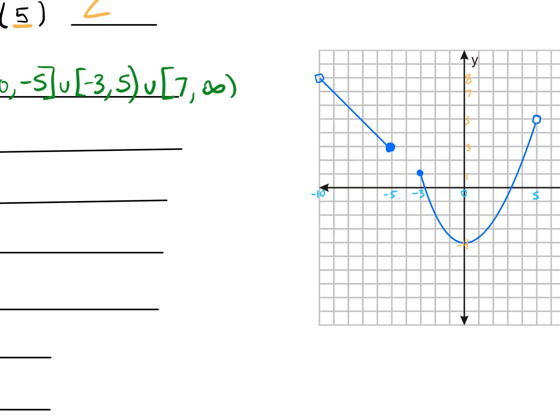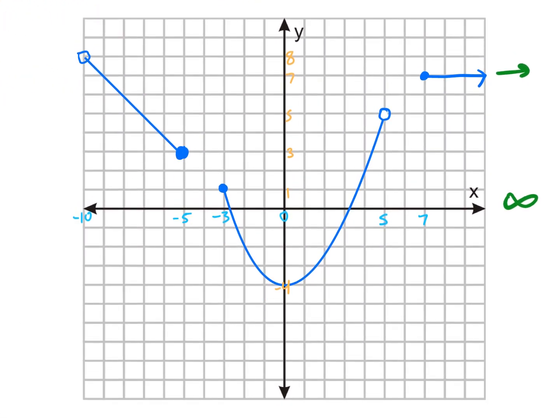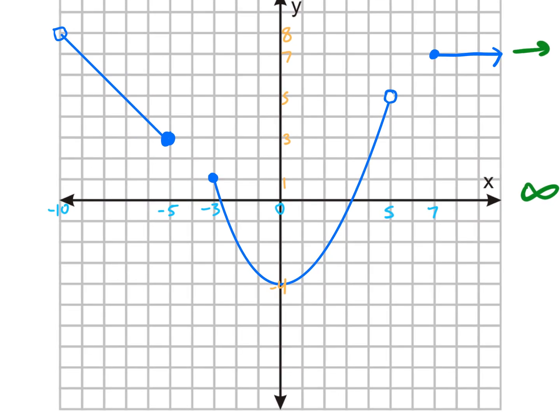All right, let's do the range. Range, we look at y values. So what's our smallest y value that our graph goes to? What is our smallest y value, Diego? -4. Our smallest y value would be this point down here. -4.